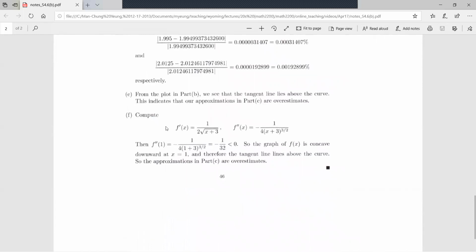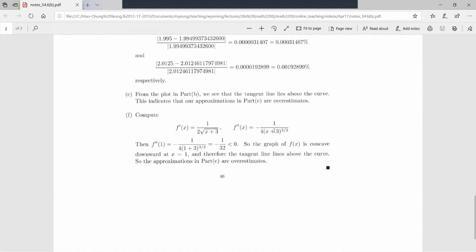Compute the derivative once, we get the result here. Take the derivative on this again. I use the chain rule because this function is 1/2 times (x plus 3) to the negative 1/2. Then I get the second derivative is this.